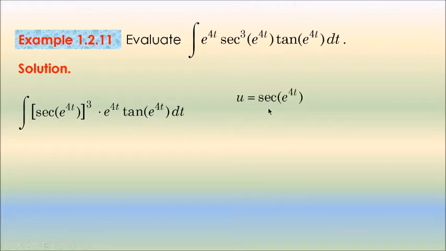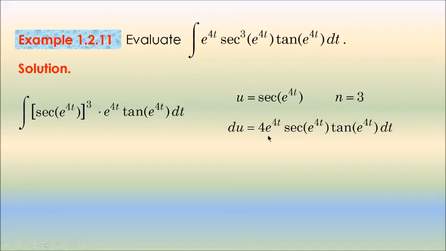Taking u as secant of e to the 4t and n equals 3, the differential of u is equal to 4e to the 4t secant of e to the 4t tangent of e to the 4t dt.